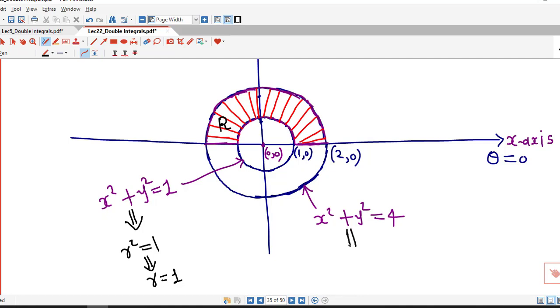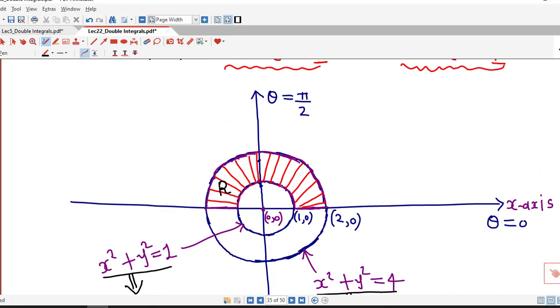Similarly here, if we put x square plus y square equal to r square, we have r square equal to 4, so that means r equal to 2. So the polar form of x square plus y square equal to 4 is r equal to 2, and the polar form of x square plus y square equal to 1 is r equal to 1.